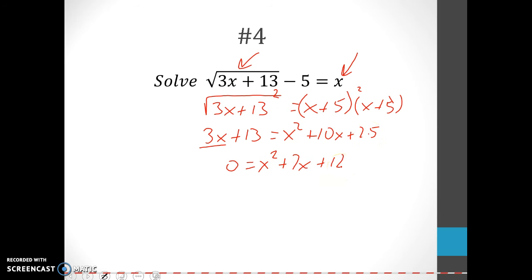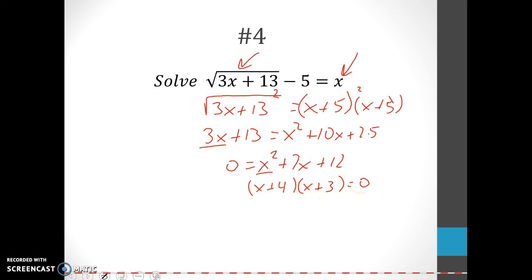And so now we should know 5 different ways to solve this equation. It's a quadratic equation. We can use the quadratic formula, but maybe it's one that we can factor. If I have x times x, that gives me x squared, and I want something that multiplies together to give me 12 that adds together to be a positive 7, and that's going to be a positive 4 and a positive 3, and that equals 0.